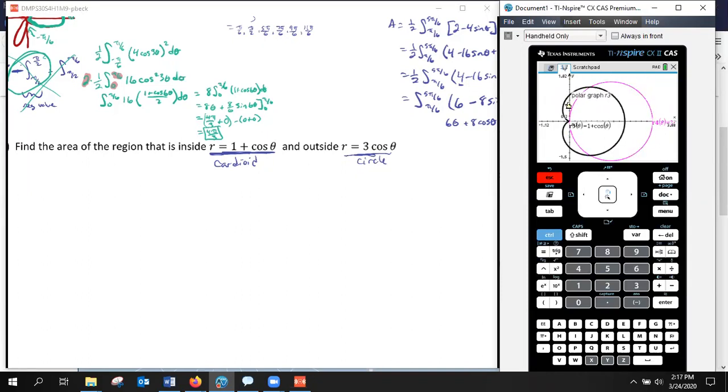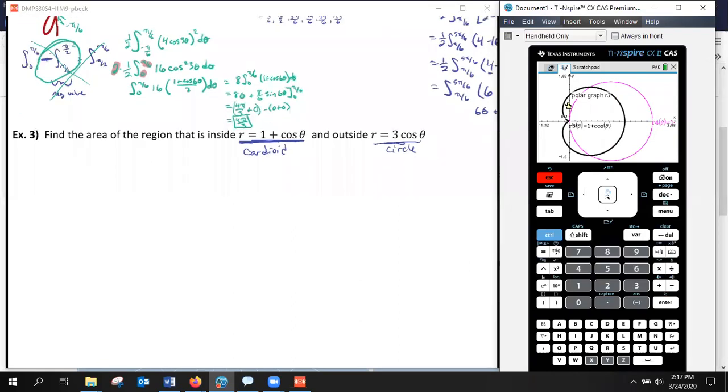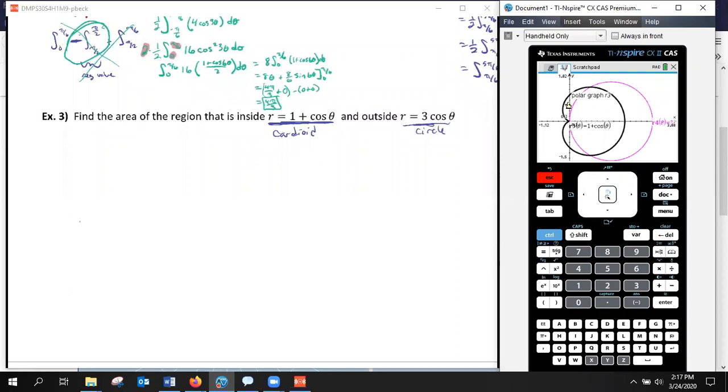As I look at it, I am going to draw this portion. It is going to be both the top and the bottom.